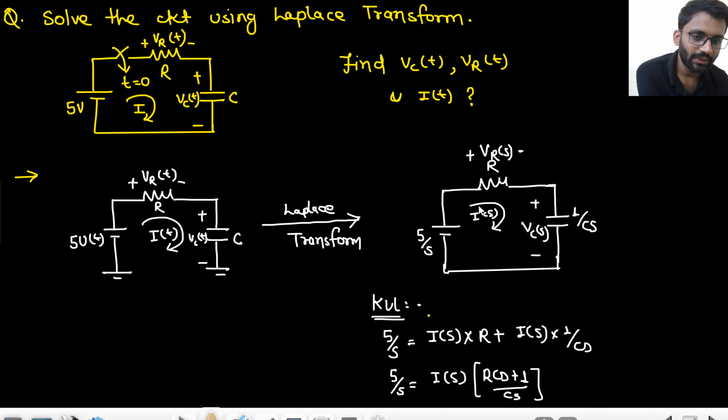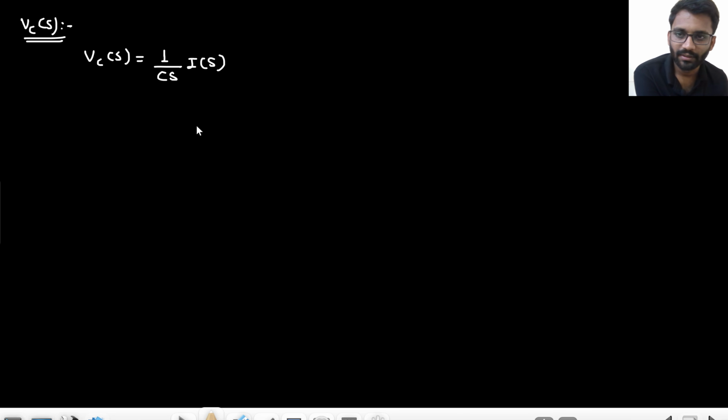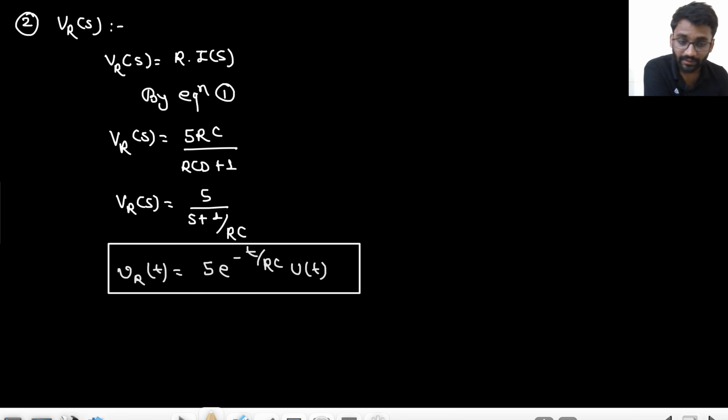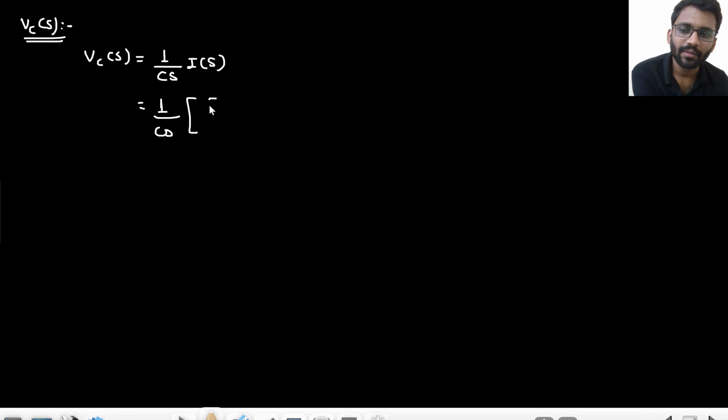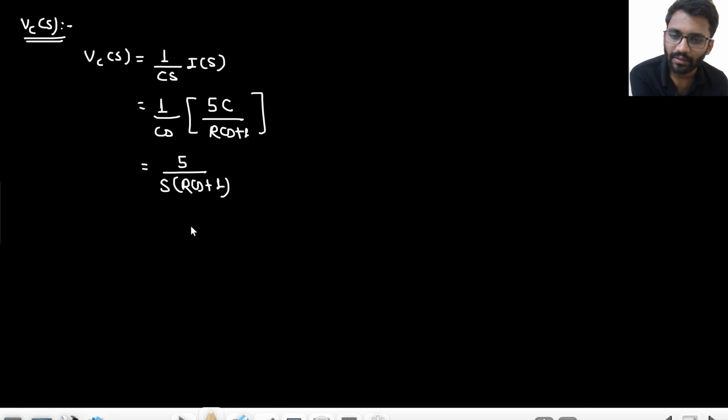So impedance into the current. 1 by Cs, what is the value of the current? That is 5C upon RCs plus 1. So it would become 5 upon S into RCs plus 1.